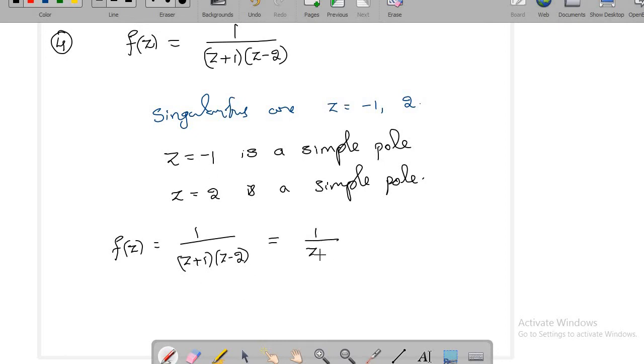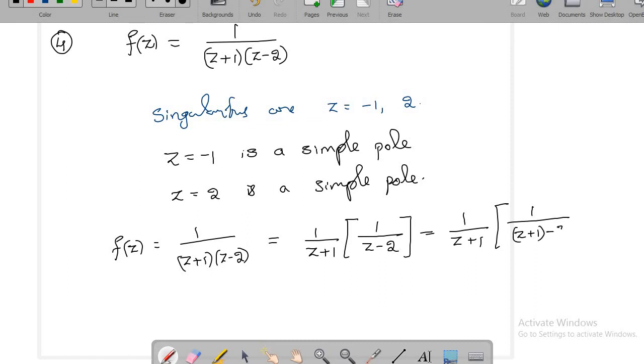So 1 by z plus 1 is readily available, and the next factor I have is 1 by z minus 2. So this I have to expand. So 1 by z plus 1 into this, it can be written as, let me write it as (z plus 1) minus 3.